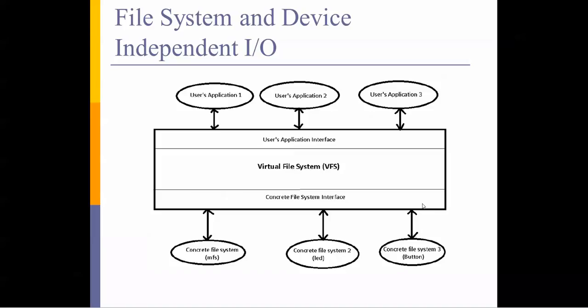For example, when a user opens a device, a file descriptor is returned, which is a number that can represent a file or a pipe or any other device that the user can use to read and write on that device.